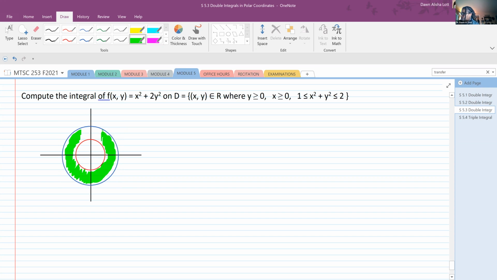X squared plus y squared is between the two circles. So that's my region. I don't mind not filling it, but I don't want to go outside the region. So that's why I redid it.